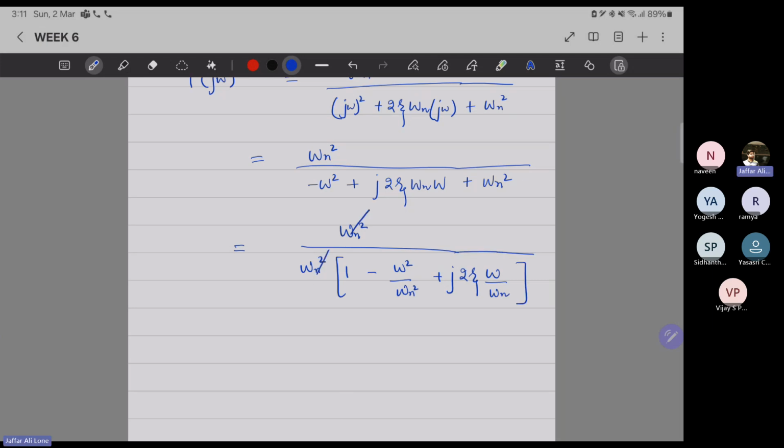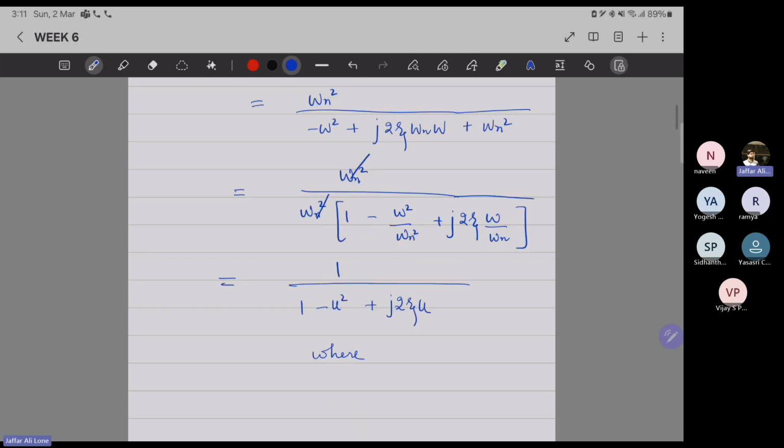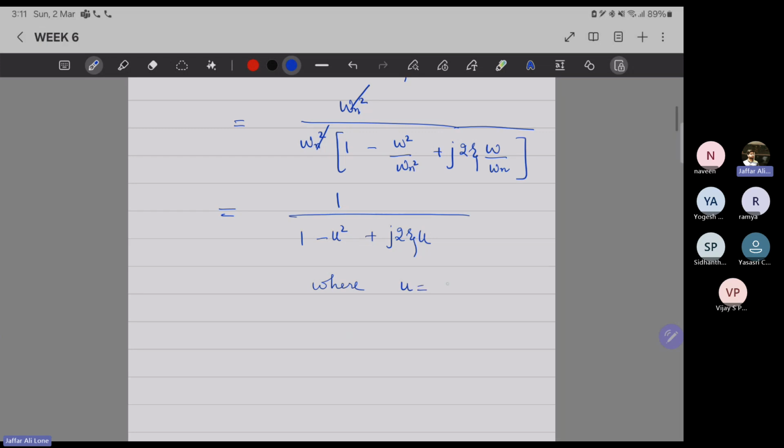This simplifies to 1 over 1 minus u square plus j 2 zeta u, where u is omega by omega n. So I got something like this.